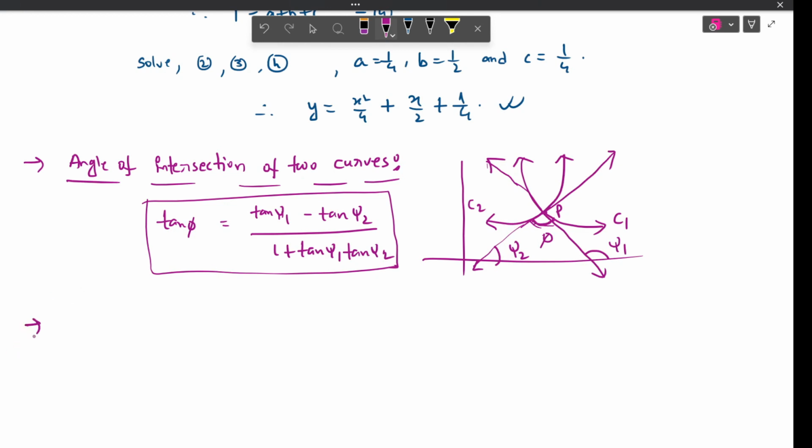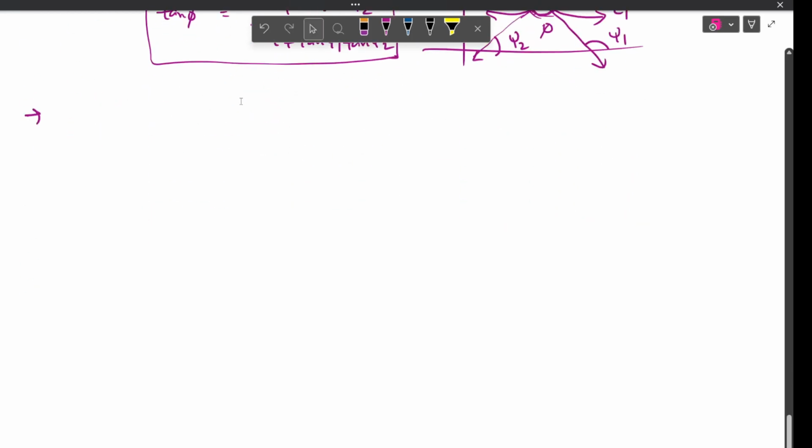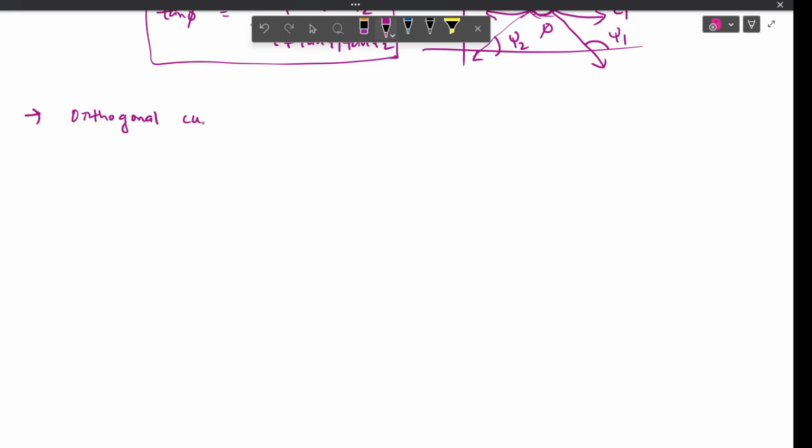Now next topic is orthogonal curve. Orthogonal curve. What are orthogonal curves? If the angle of intersection of two curves is a right angle, right?